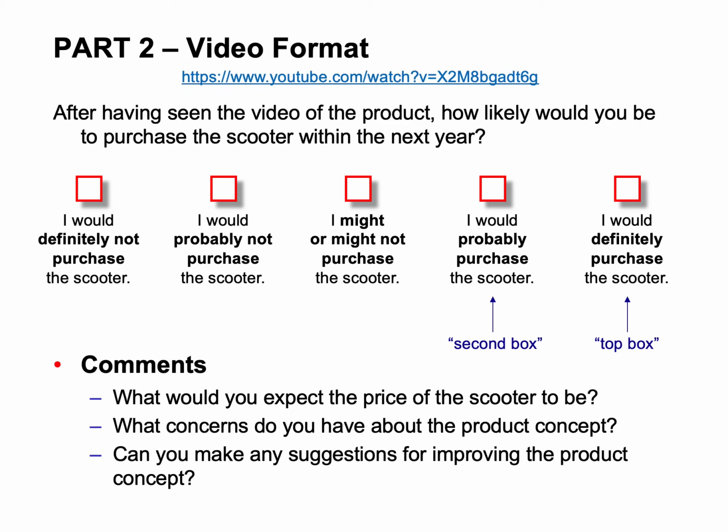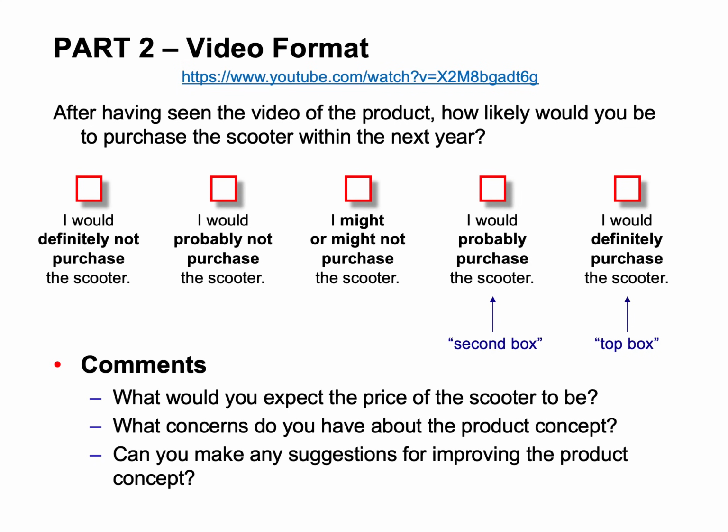So this is a link of the video the developing team used to show people the scooter, to let them feel what it's going to do and explain the functionality of it. And then, after having seen the video of the product, you need to ask the interviewees to fill the questionnaire, to identify which of those 5 selections they would use.